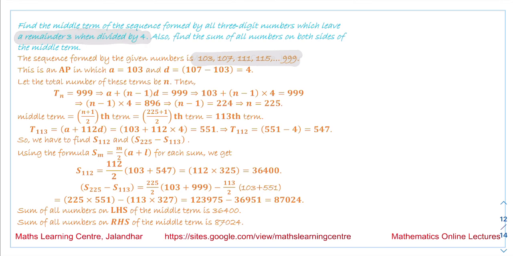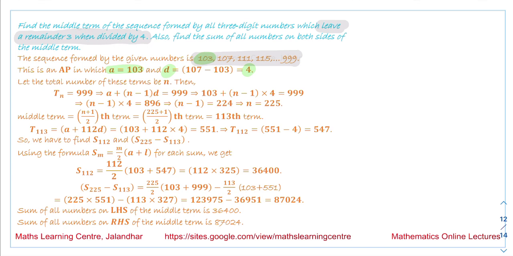Now how do we calculate these numbers? We have seen these kinds of problems in our first chapter, where we studied the division algorithm. We can find that these are the required numbers. Now we can see that this is an AP in which A is equal to 103 and the common difference is 4.